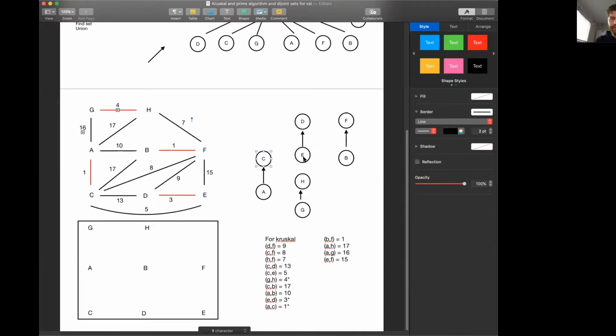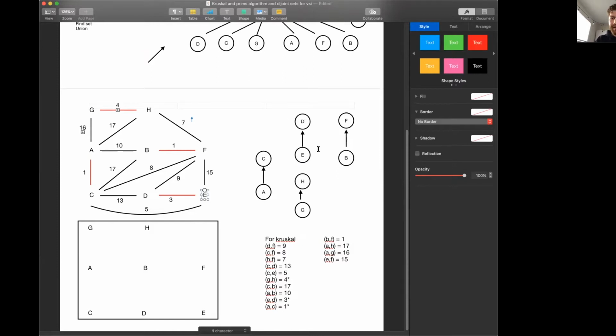Then when I call find set on E, E goes, I'm going to give you the root of my disjoint set, which is D. So I get D because of find set on E. Because of that, I realize that C and E exist in two different disjoint sets. So I'm going to call union on them. That means this edge caused a union.